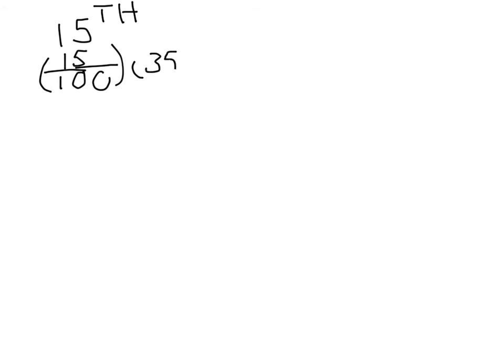Okay, what about the 15th percentile? Use the same initial attack, so you have 15 over 100 times 35. Now this time, it's going to give you 5.25. That is a non-integer.